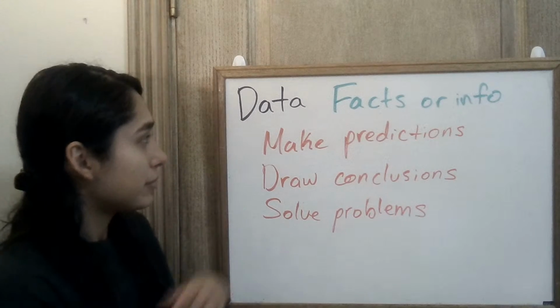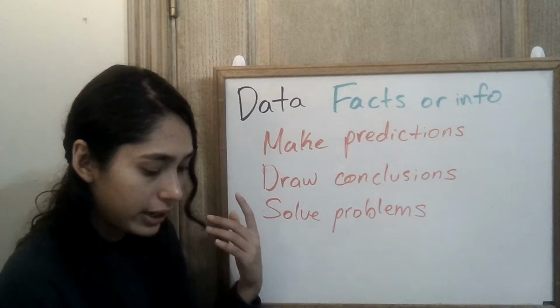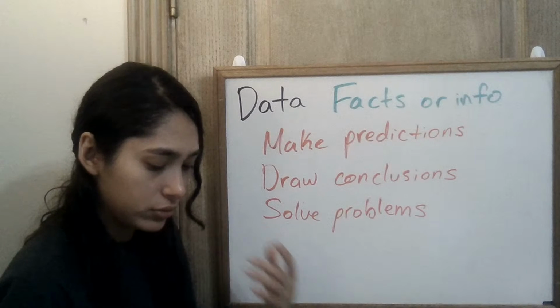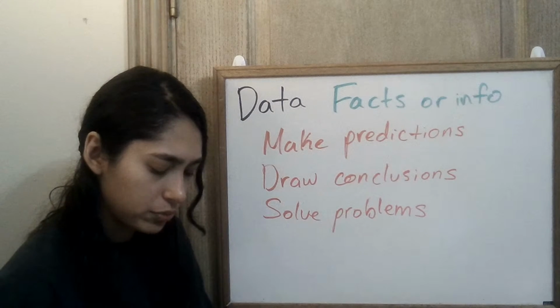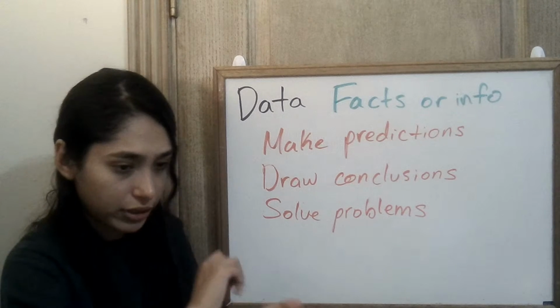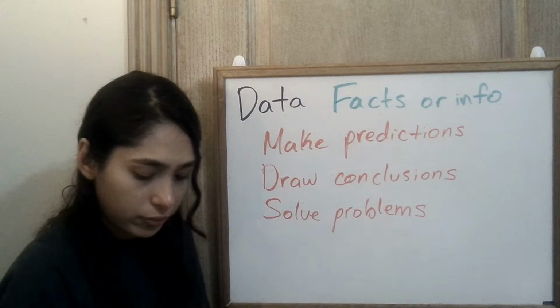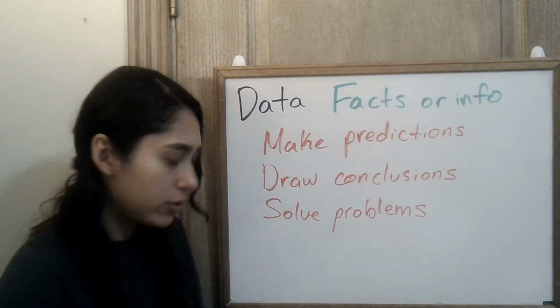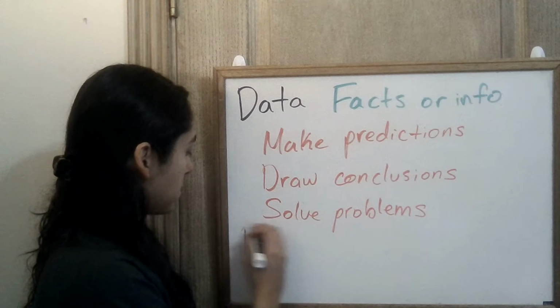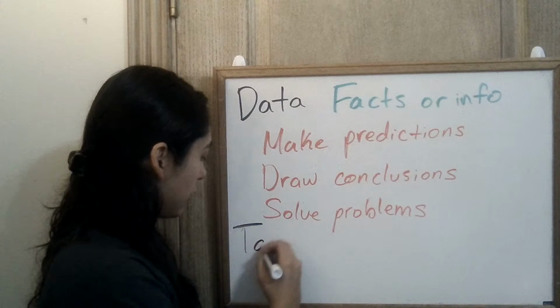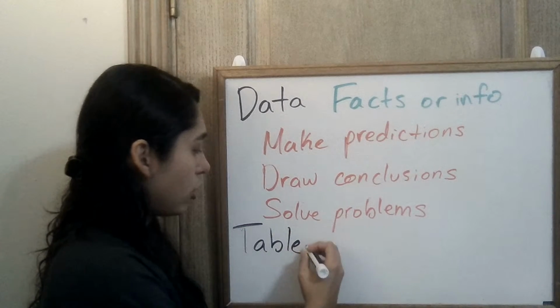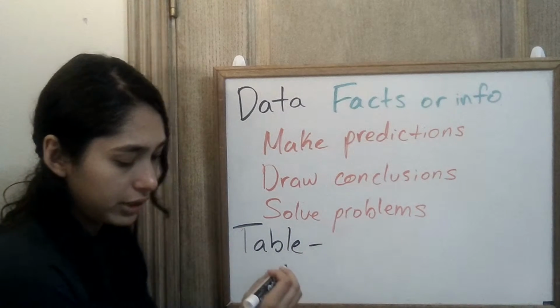Here it is. Next, I want to also define a table. So a table is your best friend, not necessarily the table that you put stuff on and write. By table, I mean what you use to organize your data.